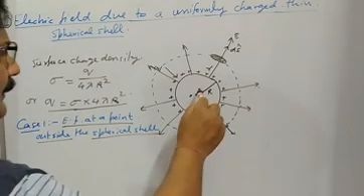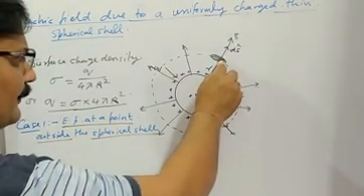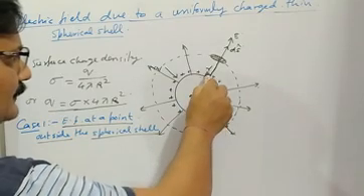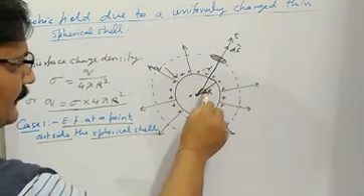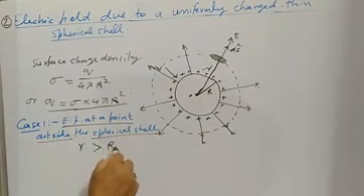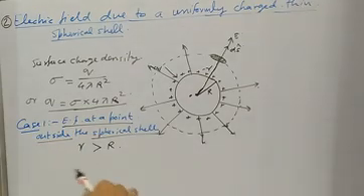It means if the distance of this point of observation from the center of the cell is small r and the radius of the cell is capital R, then for this case the value of small r is going to be greater than the radius of the cell. It means the point of observation is outside the surface of the spherical cell.